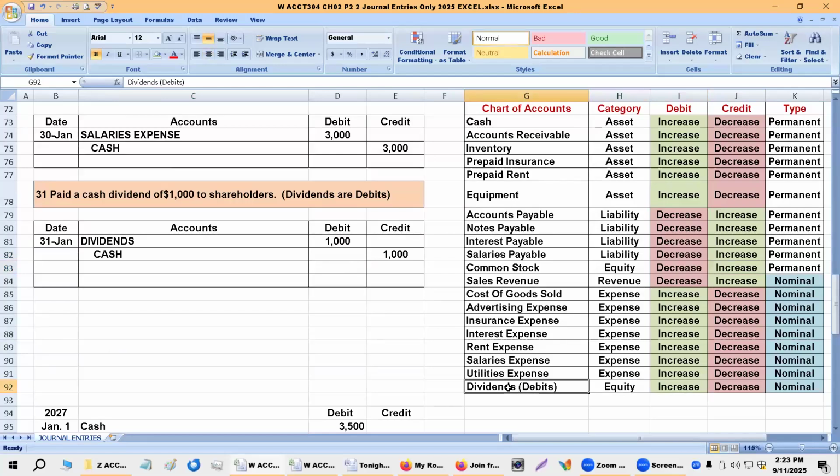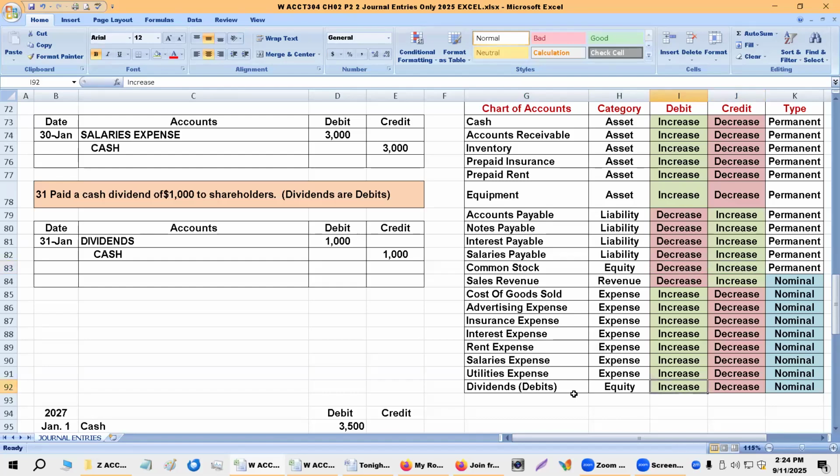The account itself is just there to keep track of the numbers, but dividends actually reduce your equity. It would still be a debit if you thought about it that way, that it's reducing your equity, kind of like here.